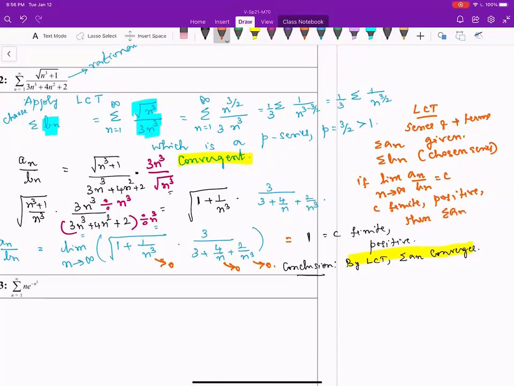They converge or diverge together. By that we mean if sigma bn converges, sigma an would converge as well, or if sigma bn diverges, sigma an would diverge as well.